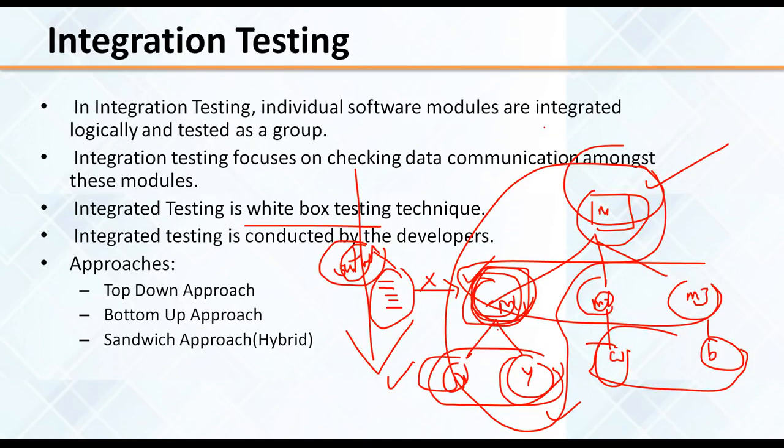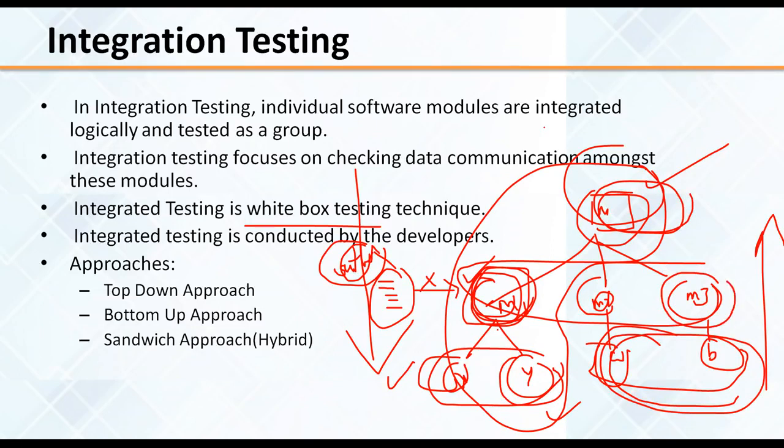That is a stub. And in the bottom-up approach, some people start from the bottom and go up, so first they implement the sub-modules and then the main module. In the bottom-up approach, these sub-modules are ready and this main module is also ready, but this module is not yet ready.